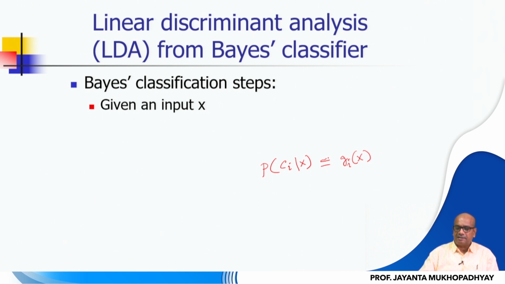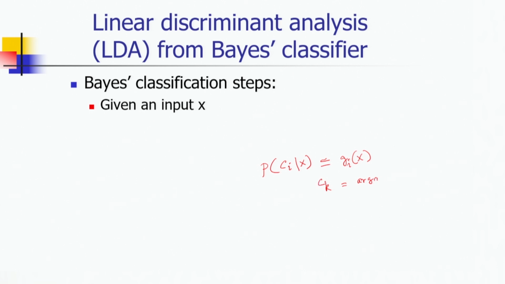But if you have multiple classes, for each class you have a discriminant function, you evaluate them, and whichever is maximum, you assign that class. So class Ck should be the argmax, that is, the class giving the maximum functional value, which is again the posterior probability.